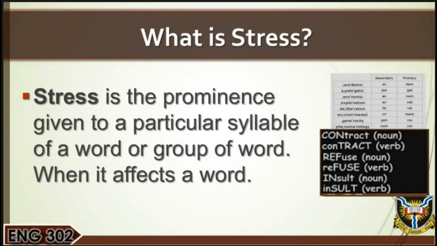A disyllabic word is made of two syllables, while a polysyllabic word is made of many syllables. People is an example of a disyllabic word, while eradication and education are examples of polysyllabic words.